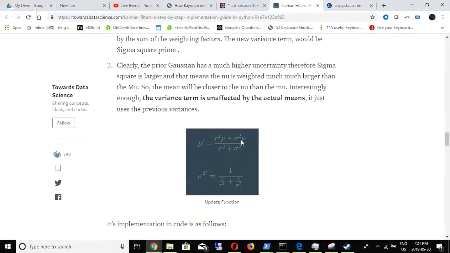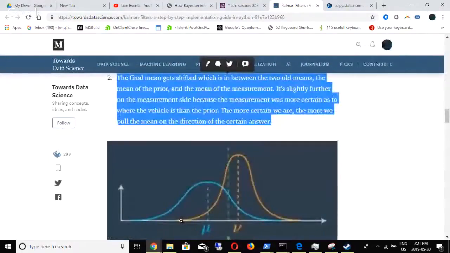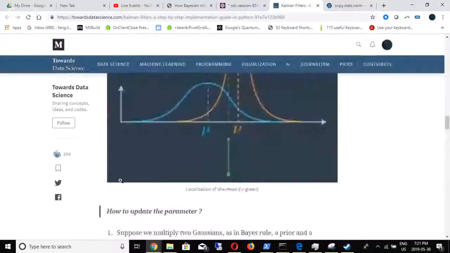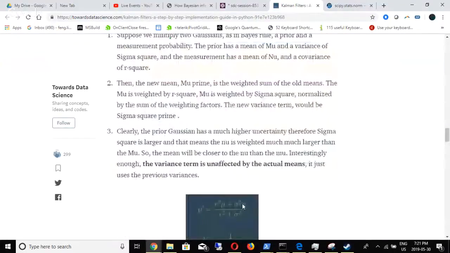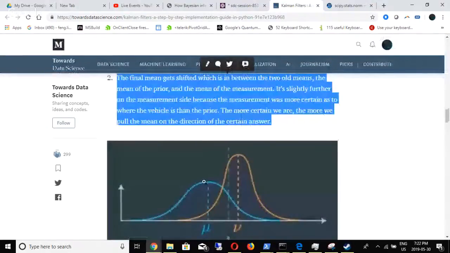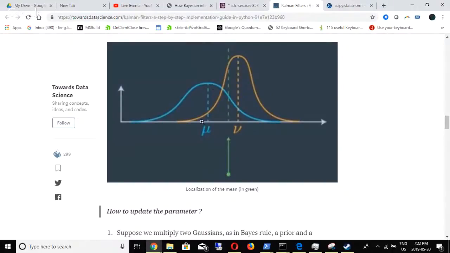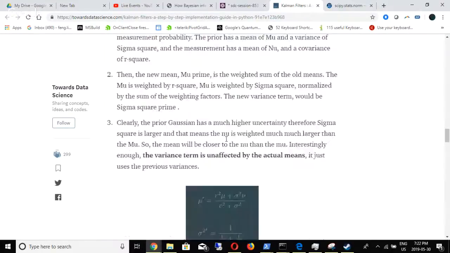The more uncertain the variance, the less weight it gets, so the measurement gets more weight in the new mean as opposed to the old mean here.